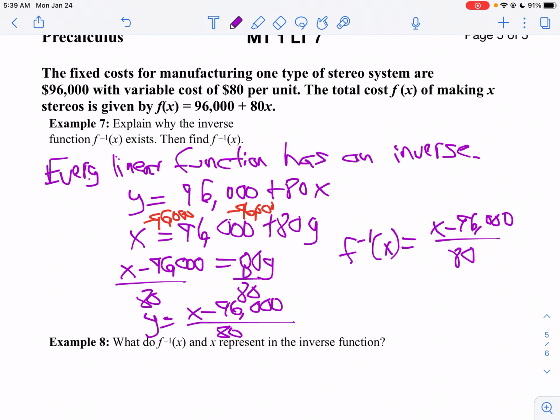Now, what do f inverse and x represent in the inverse of the function? Well, remember, we're flipping the x and y around. Since my total cost in my function was f of x, x is going to represent the total cost. So x represents the total cost.